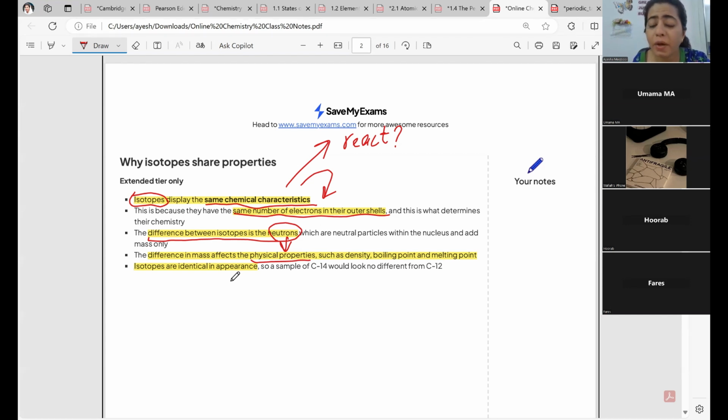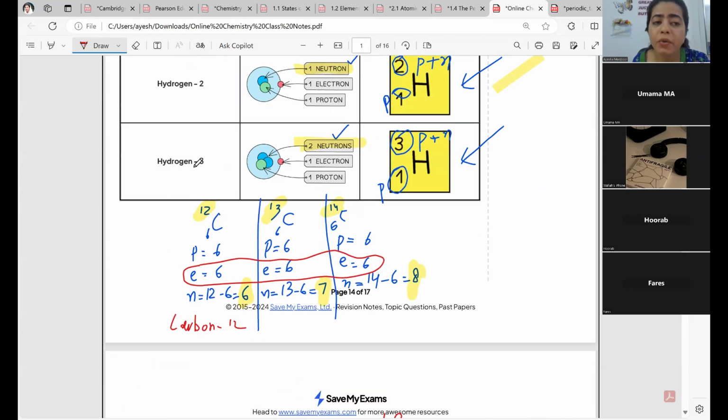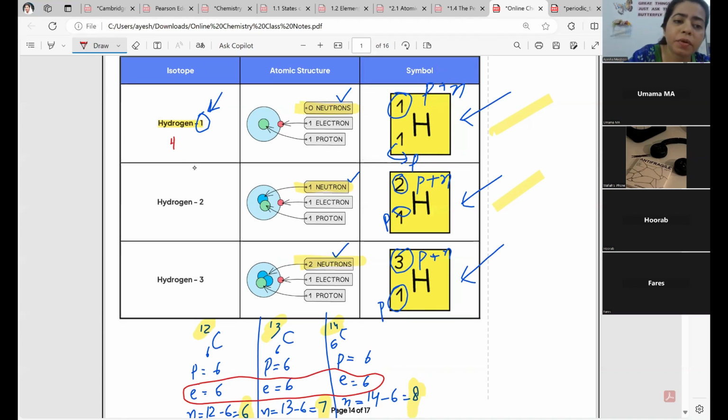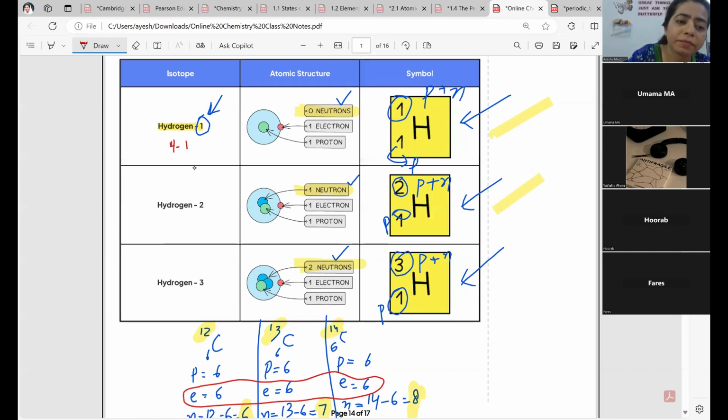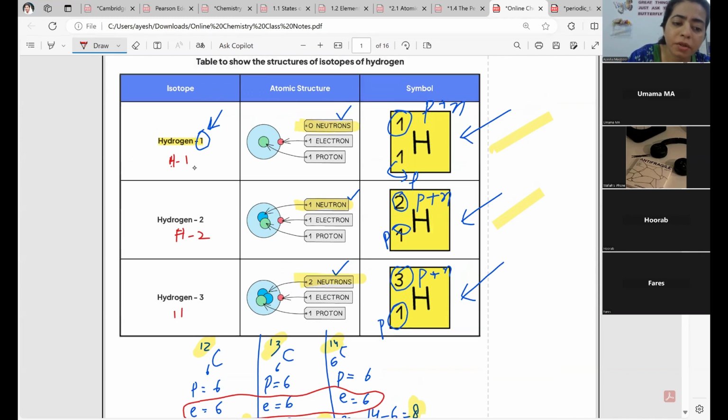Okay. Now we can write them with the full name, hydrogen 1, 2, 3, or we can write the short symbol form. We can write H-1 for hydrogen 1, H-2 for hydrogen 2, H-3 for hydrogen 3. Like this, we can write the short form for all the isotopes.